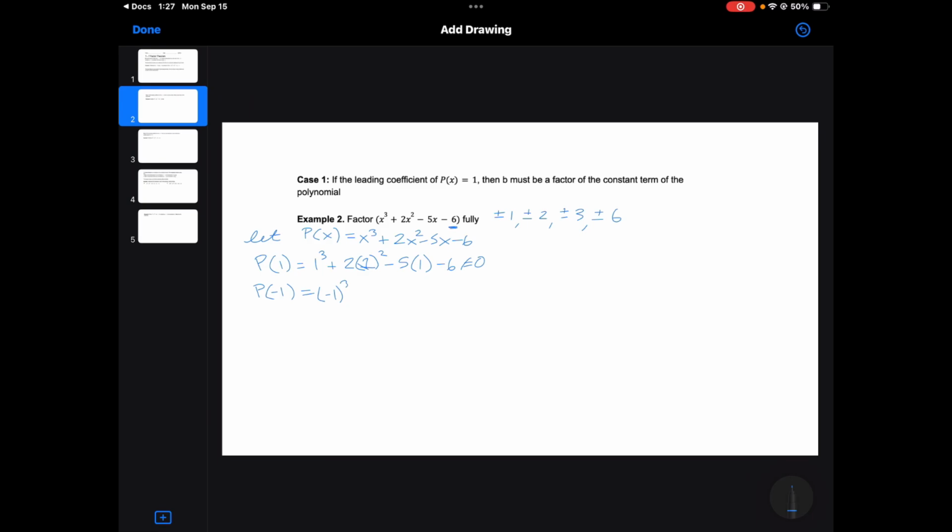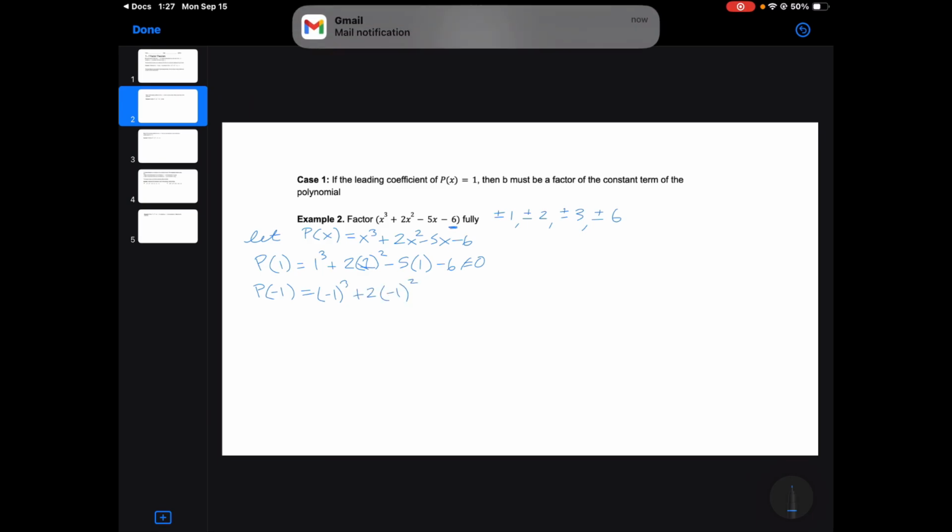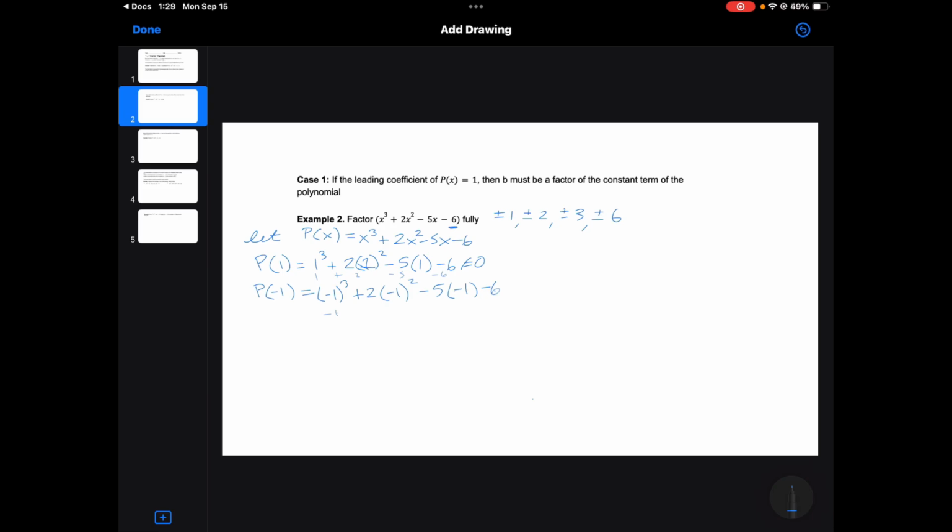So I've got minus 1 cubed plus 2 times minus 1 squared minus 5 times minus 1, minus 6, which is minus 1, plus 2, plus 5, and then minus 6, which is equal to 0, which means that x plus 1 is a factor.